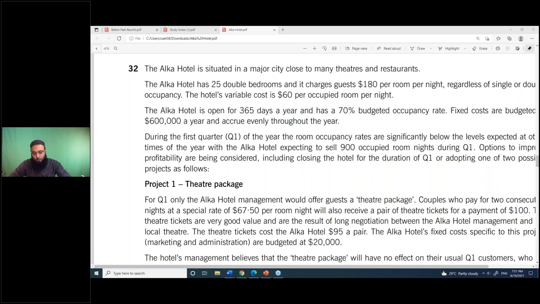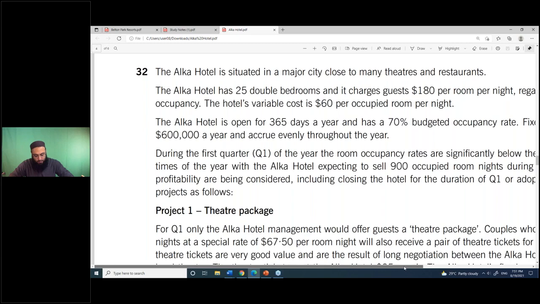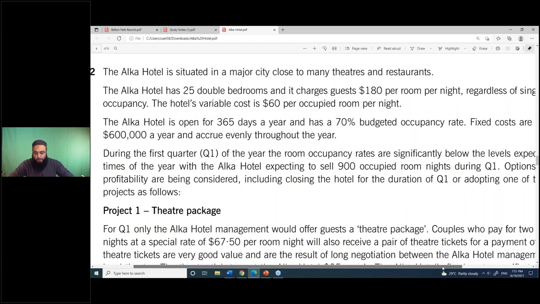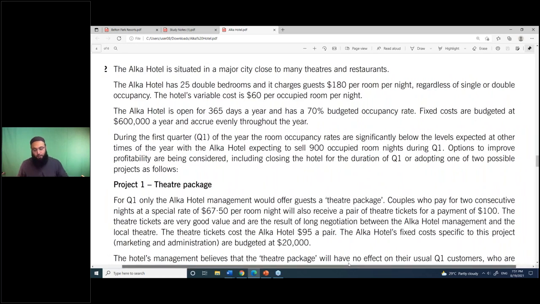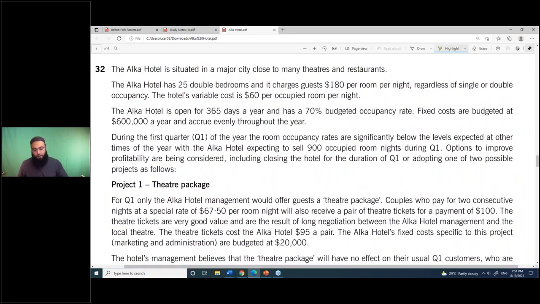Let's begin with this question again of CVP analysis, and here you are. Now, the Alka Hotel is situated in a major city close to many theaters and restaurants. The Alka Hotel has 25 double bedrooms and it charges guests 180 per room per night, regardless of single or double occupancy.